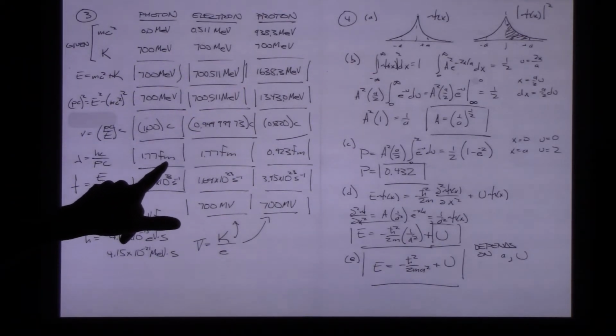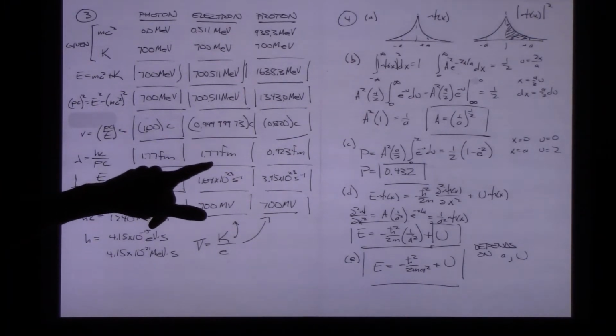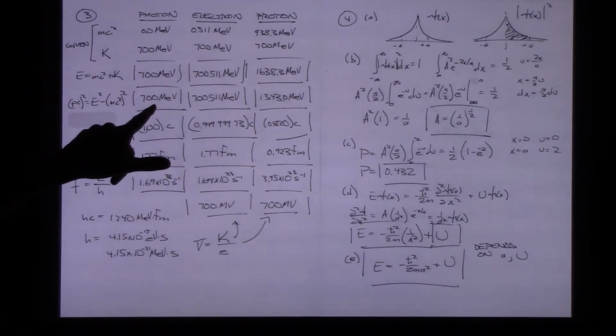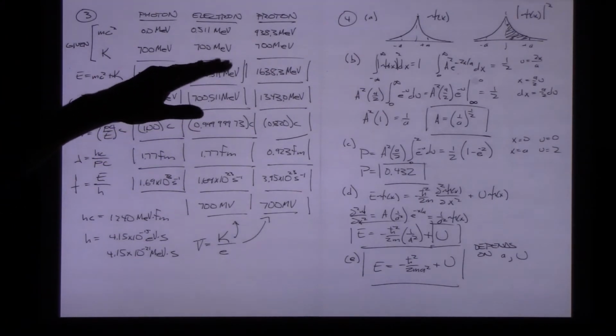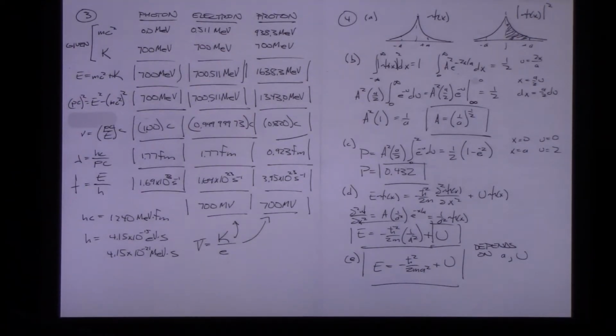So 1.77 femtometers. Now, what's interesting here, I think, is that the momentum of the electron is almost the same momentum as the photon. And again, when we got this much kinetic energy, the electron's mass is starting to look kind of negligible. Its mass is only contributing a small portion of its total energy.